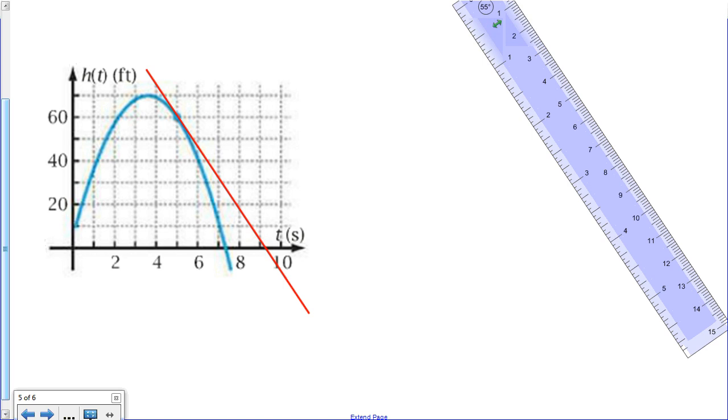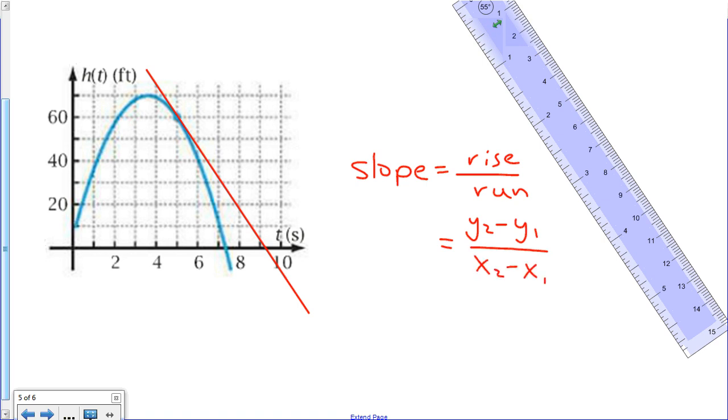They wanted the instantaneous rate of change. And one way to calculate it is to find the slope of this tangent line. Since I know slope can be calculated as rise over run, or another way to calculate the slope of that line is I can pick 2 points that the line goes through and find the difference in the y's, y2 minus y1, over the difference in the x's, x2 minus x1.